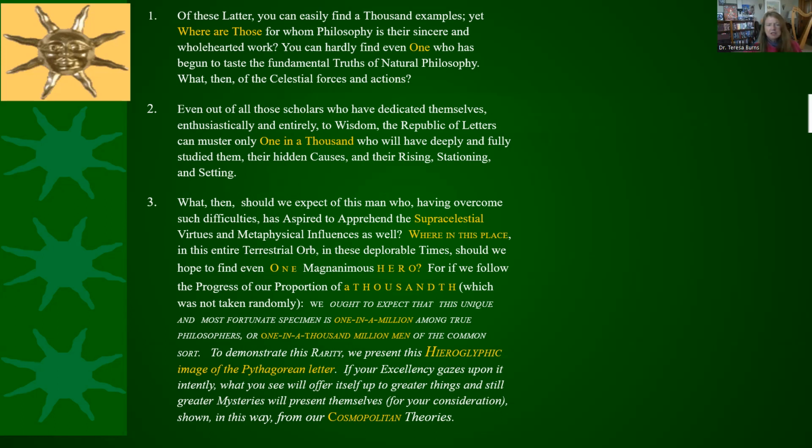So the Republic of Letters can muster only 1 in 1,000 who will have deeply and fully studied them, their hidden causes, and their rising, stationing, and setting. What is rising, stationing, and setting? Well, the celestial forces. Think of how planets rise and set. Venus is the morning or evening star, or think of the fixed stars. So he's making that the premier cause he's looking at.